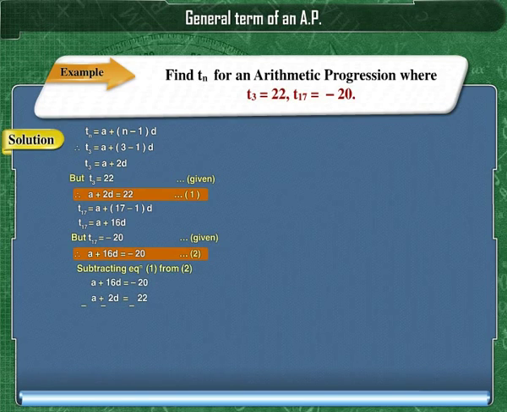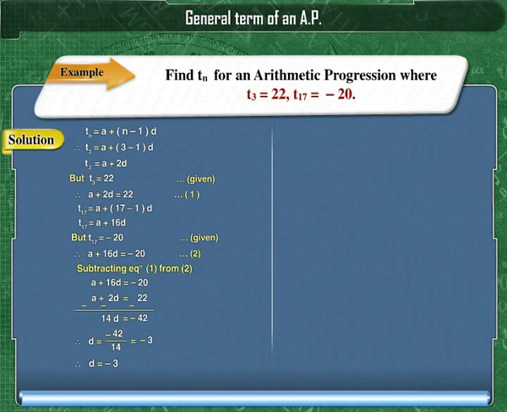Subtracting a plus 2d is equal to 22 from a plus 16d is equal to minus 20, we get 14d is equal to minus 42. Therefore, d is minus 3. Substituting d is minus 3 in a plus 2d is equal to 22, we get a is 28.